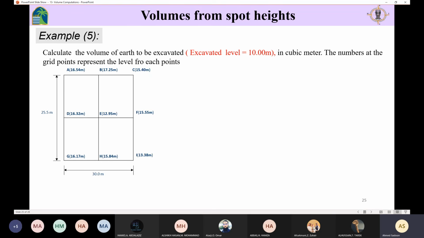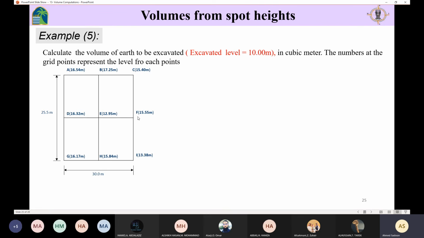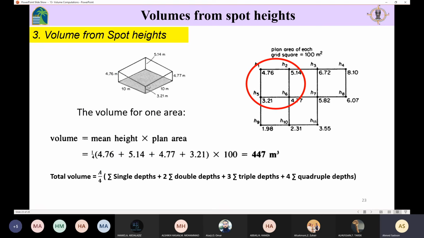Here we have another example. This one is similar to the previous example, but I created it so that you can understand the idea of the depth of cut. In example number 4, this number represents the depth of cut. The depth of cut is this depth.